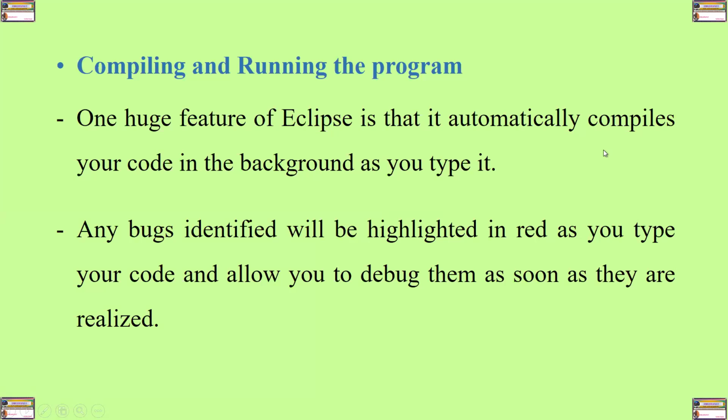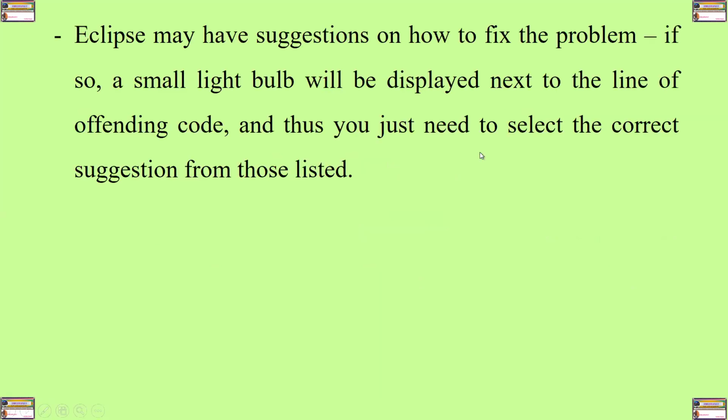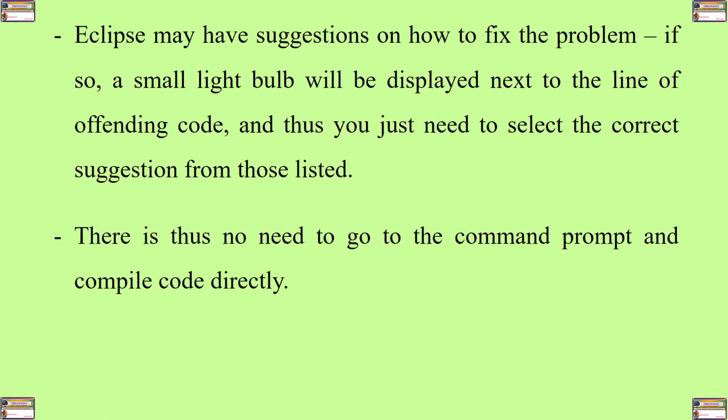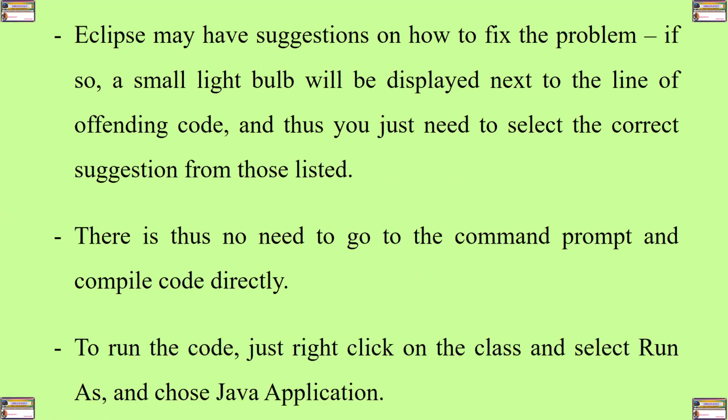Any bugs identified will be highlighted in red as you type your code and allow you to debug them as soon as they are realized. Eclipse may have suggestions on how to fix the problem. If so, a small light bulb will be displayed next to the line of offending code, and you just need to select the correct suggestion from those listed. There is thus no need to go to the command prompt and compile code directly.